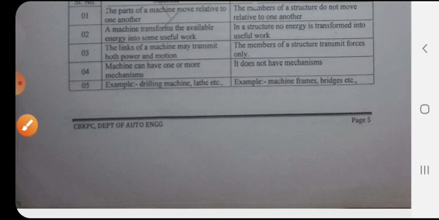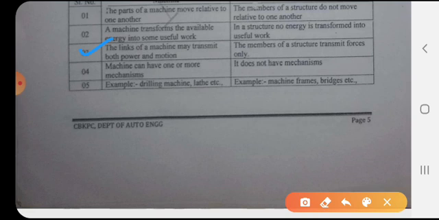Third point: the links of a machine may transmit both power and motion, but in the case of a structure, only force.